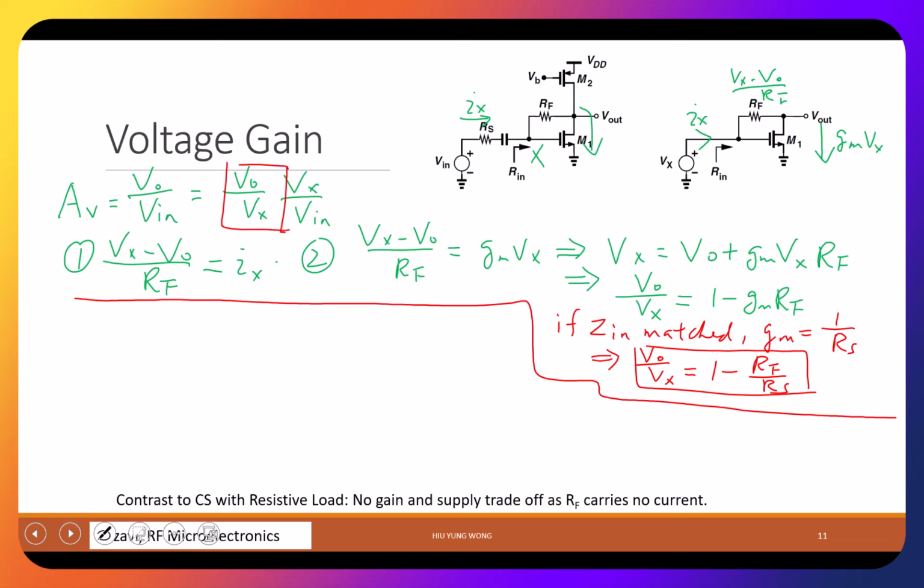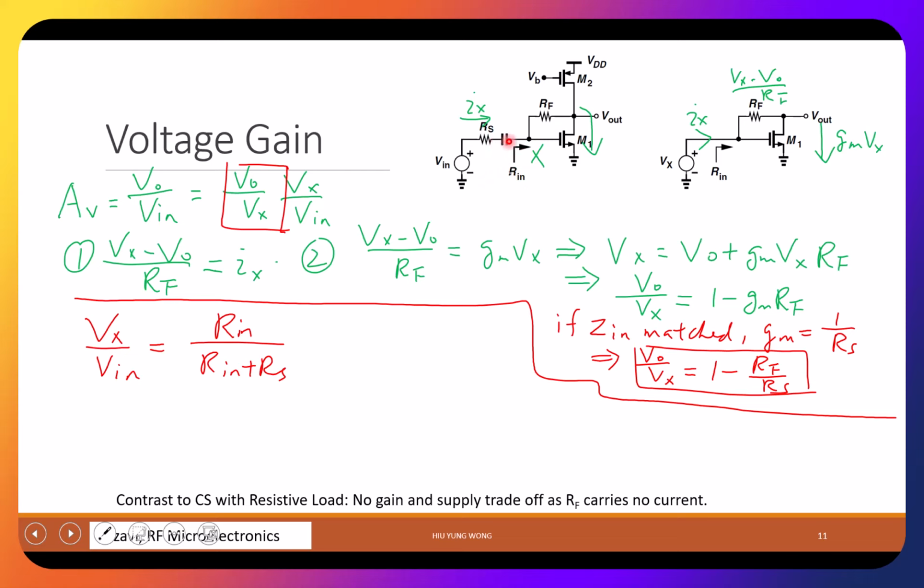How about Vx divided by Vin? What is Vx divided by Vin? We are talking about what is the voltage at this point divided by this point. It is just the potential divider effect. If we know the effective Rin, it is Rin divided by Rin plus Rs. Do you agree?